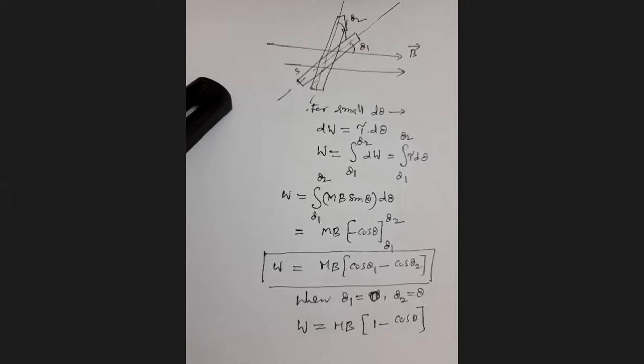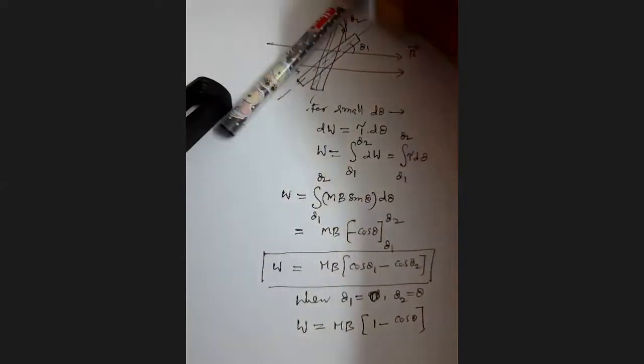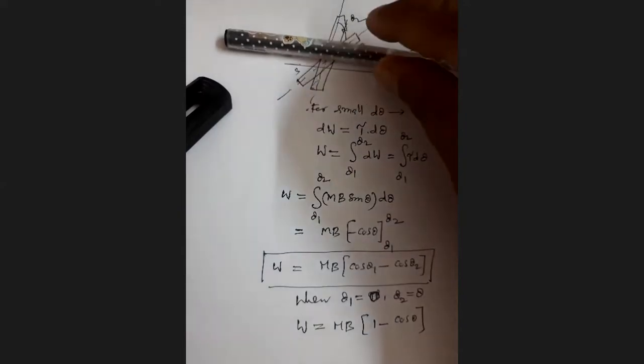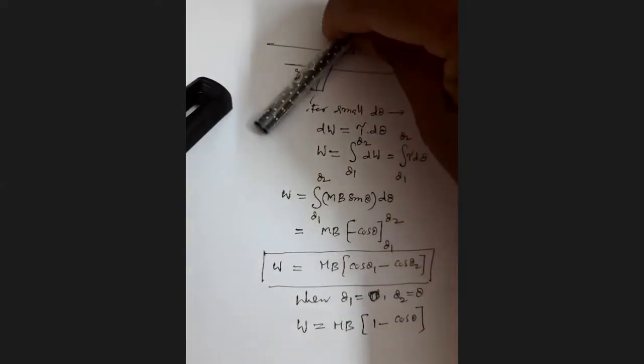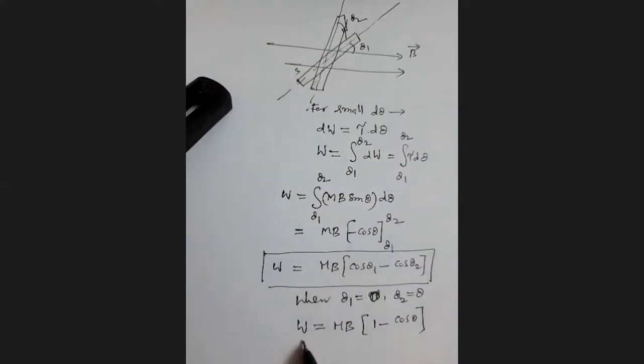That means initially the bar magnet or magnetic dipole is parallel to the field direction, here theta 1 equals 0. So this is the work done in rotating the magnetic dipole from the field direction to the position where the dipole axis makes angle theta with the field, given by mB into (1 minus cos theta).